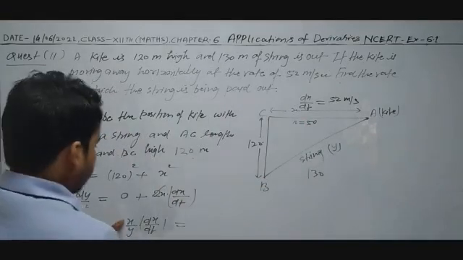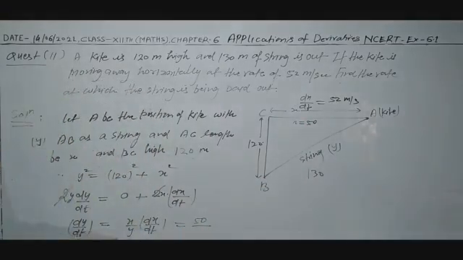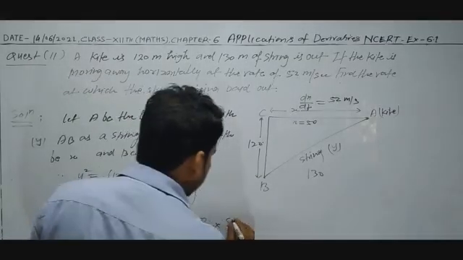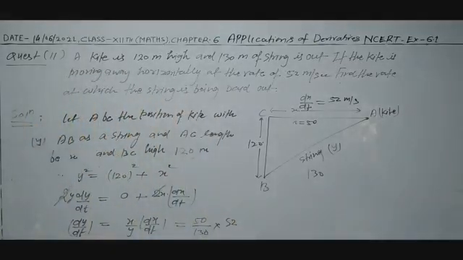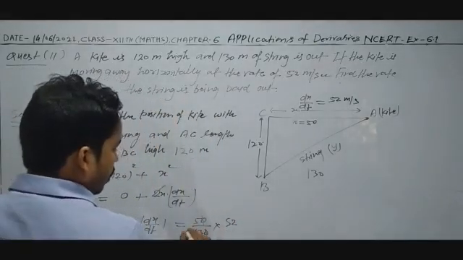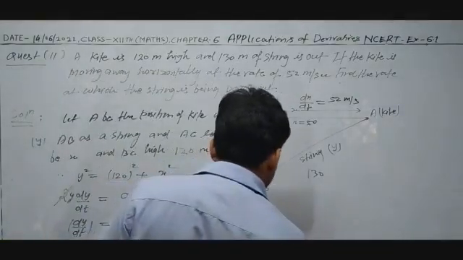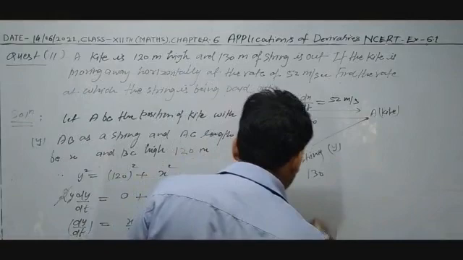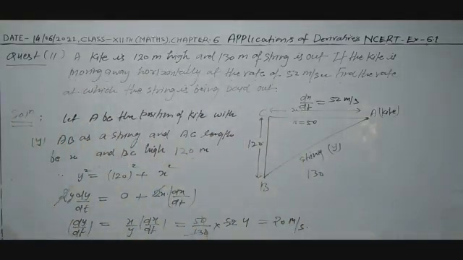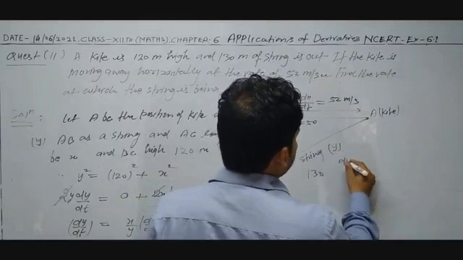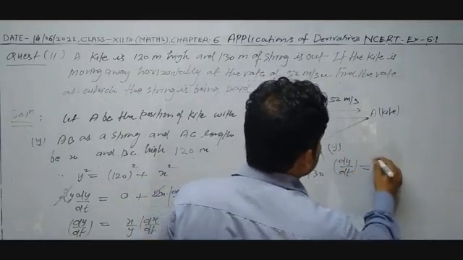So x is 50 and y is 130 into dx upon dt, that is 52. The zeros cancel out, from the table of 13 it will be 4 times, then 20, so the result will be 20 meter per second, meaning the rate at which the string is being paid out is 20 meter per second. This is the rate dy by dt, and this we had to solve.